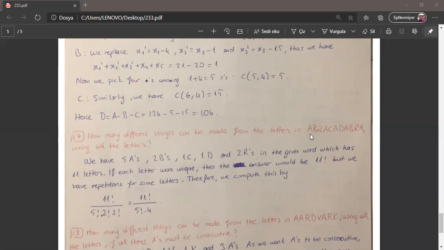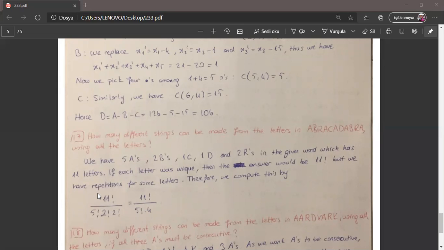If we had 11 different letters, we would arrange them in 11 factorial different ways. Now, as we have repetitions for these letters, B, A, and R, we compute it by this formula.